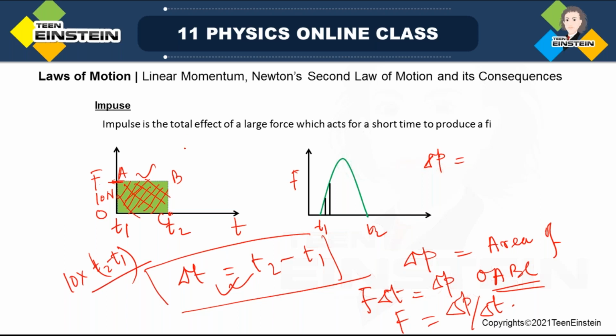You get the area easily in the case of constant force. But if the force is not constant, you have to do the integration to find the area under this curve. By doing integration, you can find the impulse.